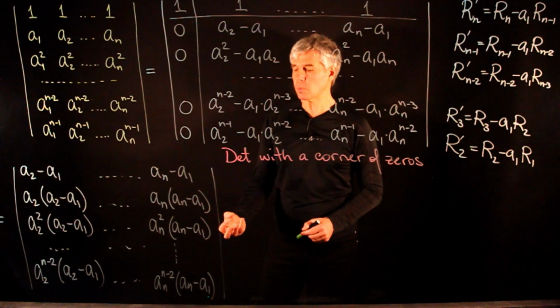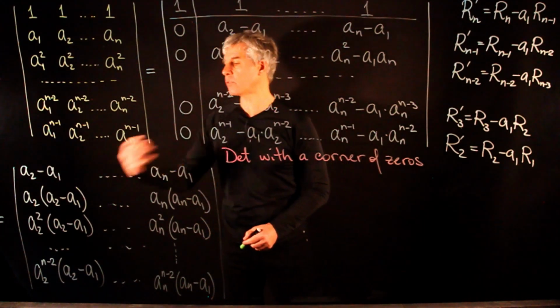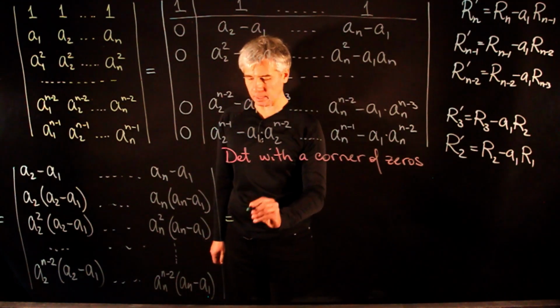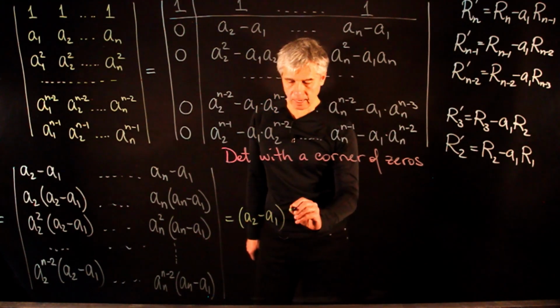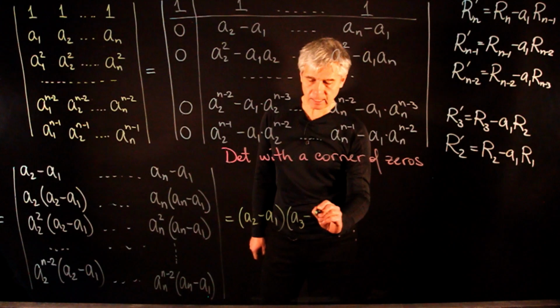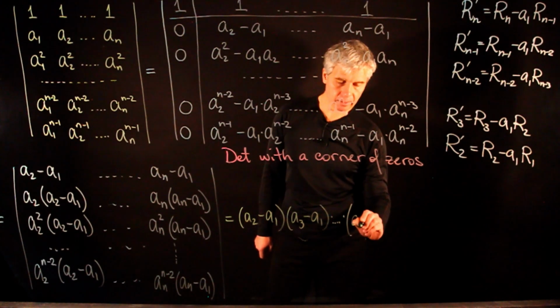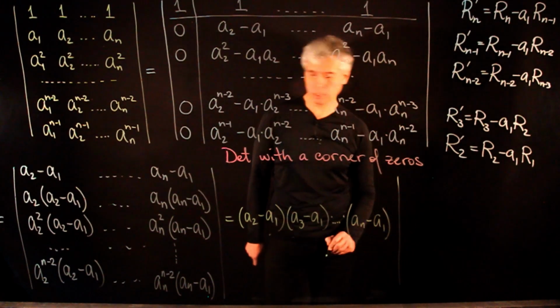So what we can do is pull these constant common factors out of the determinant. And what we get is A2 minus A1 times A3 minus A1 times dot, dot, dot, AN minus A1 times the following determinant.